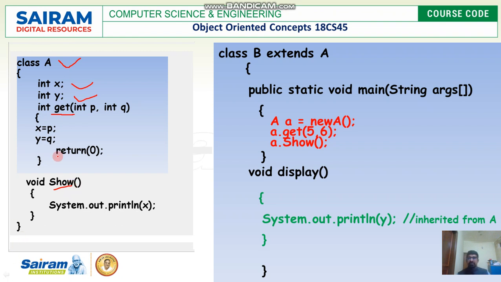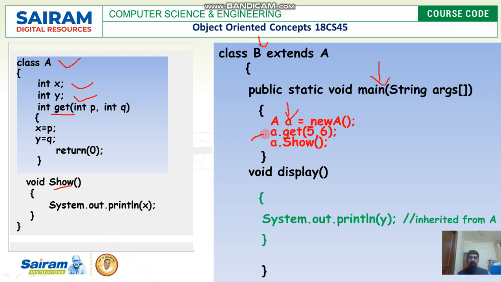Now look at the other class called B, which extends A. When I write extends A, the meaning is class B is the subclass and class A is the superclass. This is the class which has the main method, where I've created an object of class A, named with a small letter a.